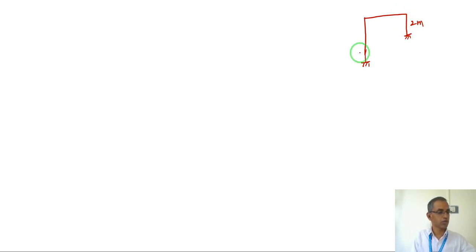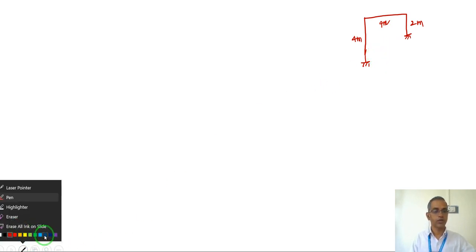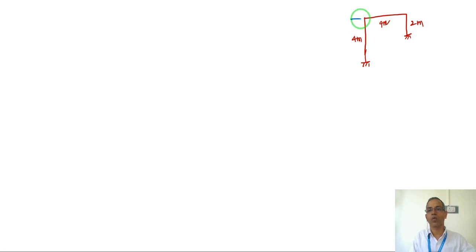This is 2 meter, this is 4 meter, and this is 4 meter. My coordinates are the first coordinate, second coordinate, and third coordinate, and we have to assume that these are fixed.